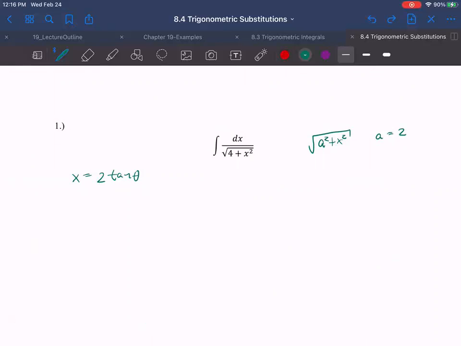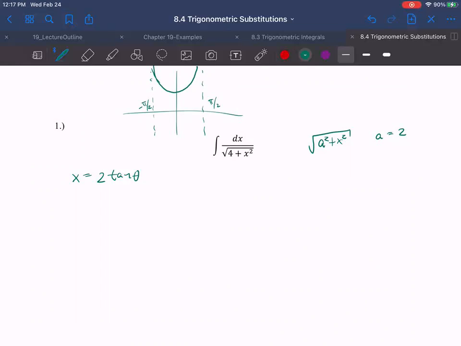Okay, and now we need a restriction on theta. When we look at secant, we're up on that positive side from negative pi over 2 to pi over 2, right? If you think about the secant graph at negative pi over 2 and pi over 2, we have this thing, right?